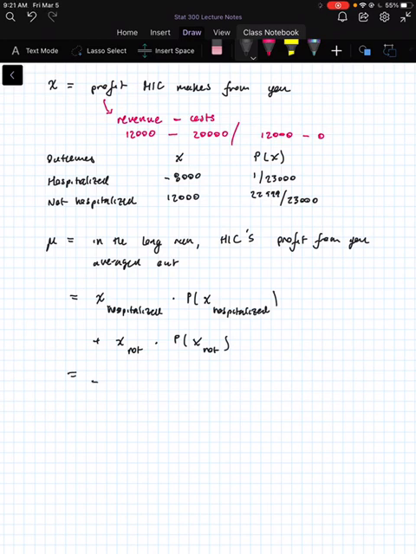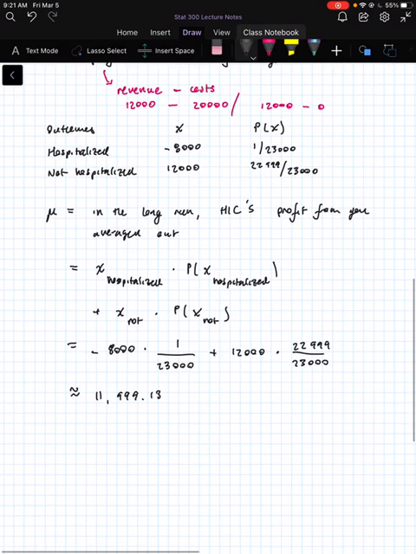And if we calculate that, now this time we're working with fractions, so, follow your nose. And this is approximately 11,999 and 13 cents. Does this make sense? So we're accounting for just one possible outcome relating to your health outcomes.